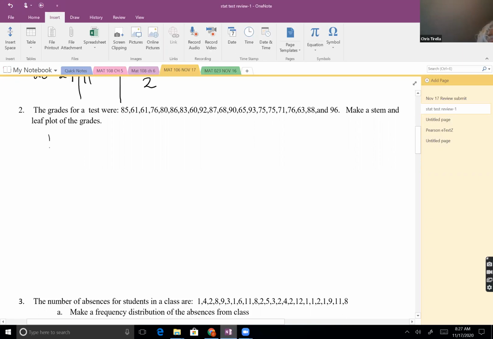Does everybody remember stem and leaf plot isn't that different from a frequency distribution? It organizes my data, shows me how many scores I have in different ranges. And here we usually do them in groups of 10. As I look at this, the lowest score is in the 60s, and the highest score is in the 90s.